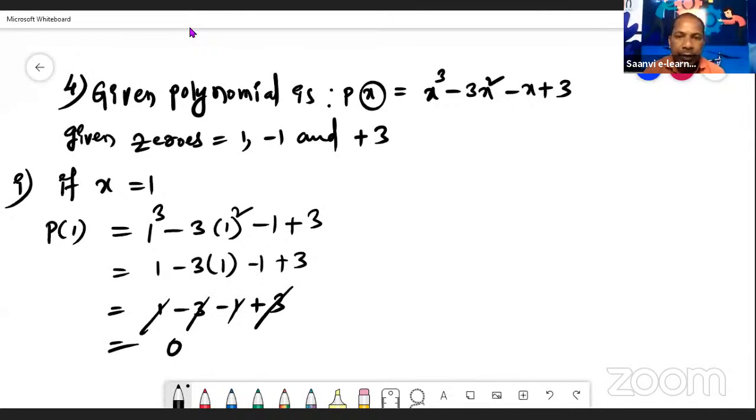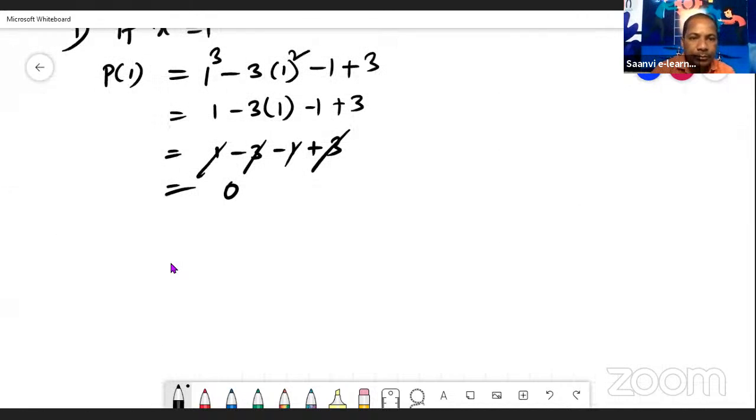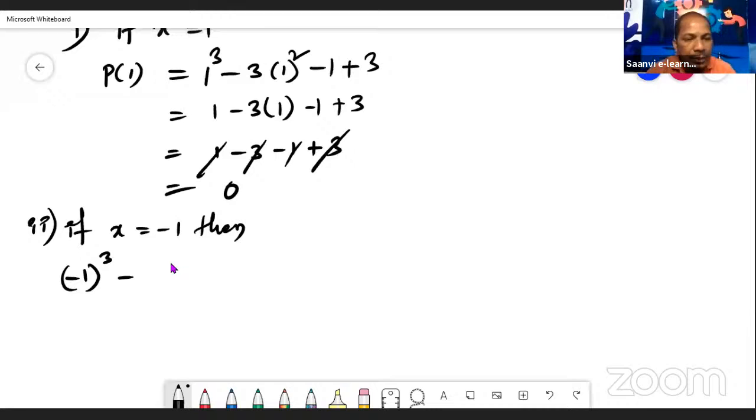Now take the second value, minus 1. If x is equal to minus 1, then the given polynomial becomes: x cube means minus 1 whole cube, minus 3x square means 3 into minus 1 whole square, minus x value is minus 1, plus 3.